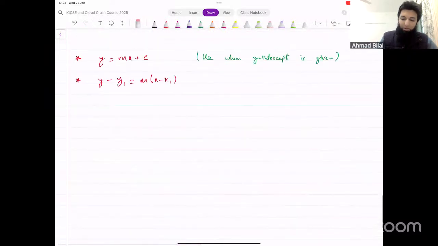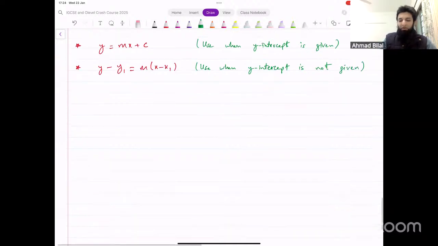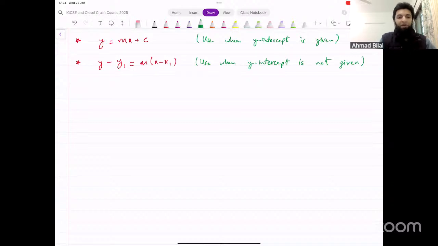However, when the y-intercept is not given, using this second form will be more efficient. So this is what we use when the y-intercept is not given. Because in those cases, we would not have to find the value of c, and that will reduce our working.